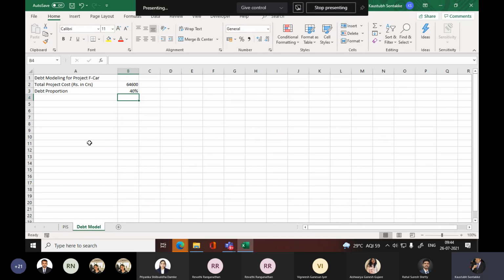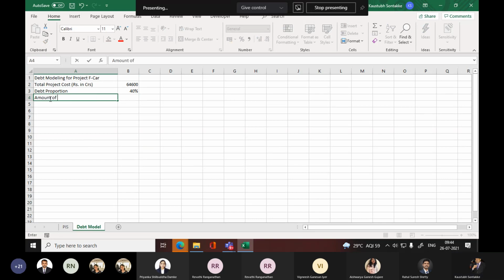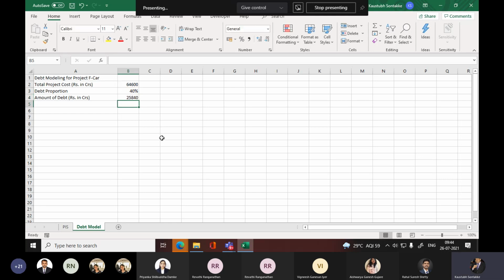Then amount of debt, rupees in crores, which is obviously equal to total project cost multiplied by 40%. So it is B2 into B3. So 25,840 is the amount of debt.